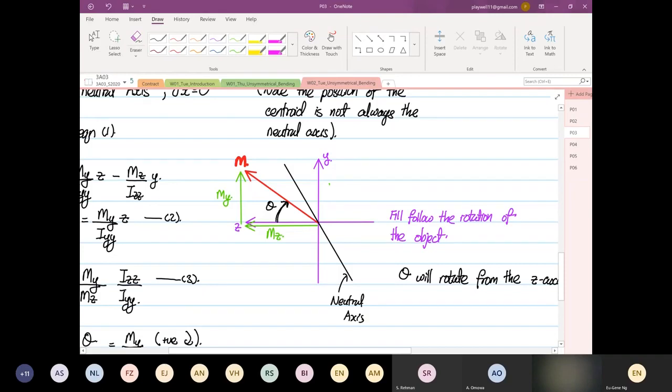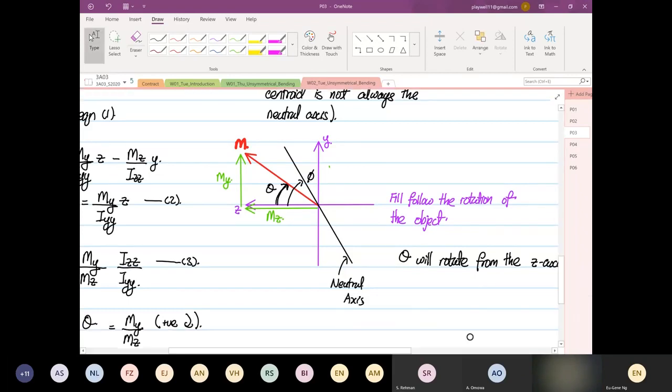And the neutral axis, the frame of reference again is from Z. And this I'm going to call phi. Again, I will elaborate.